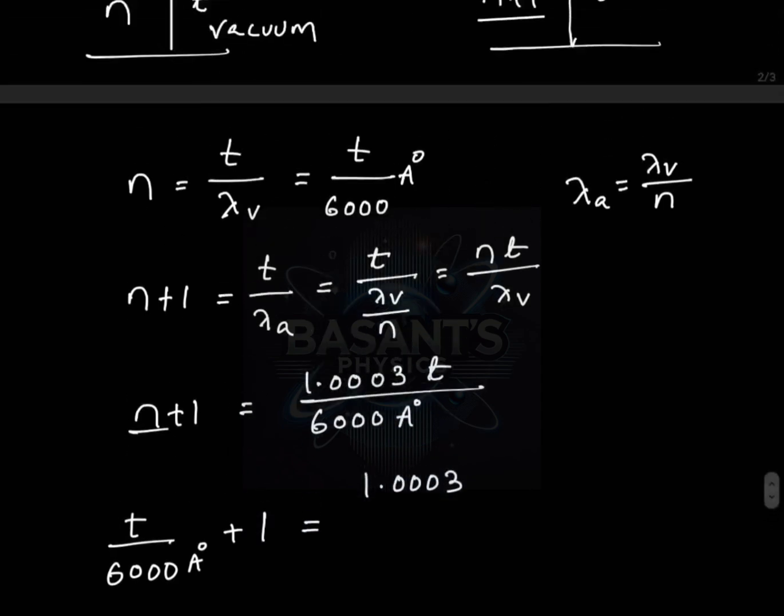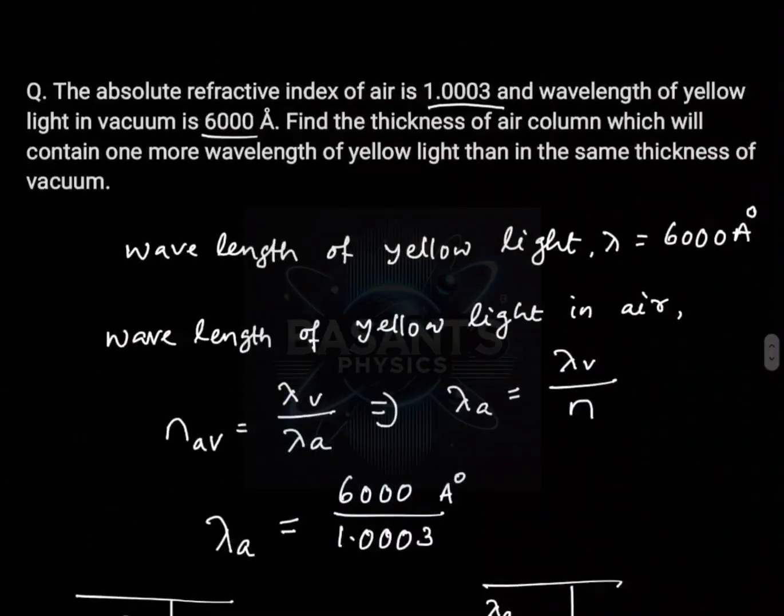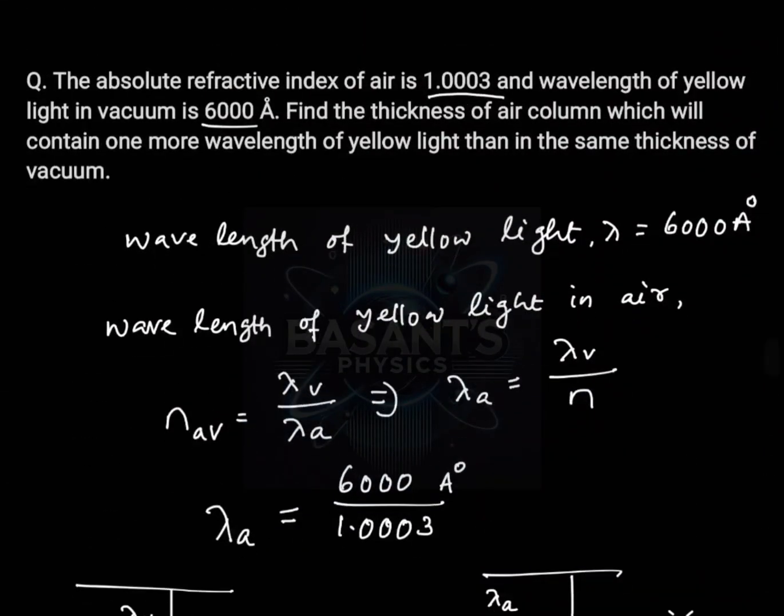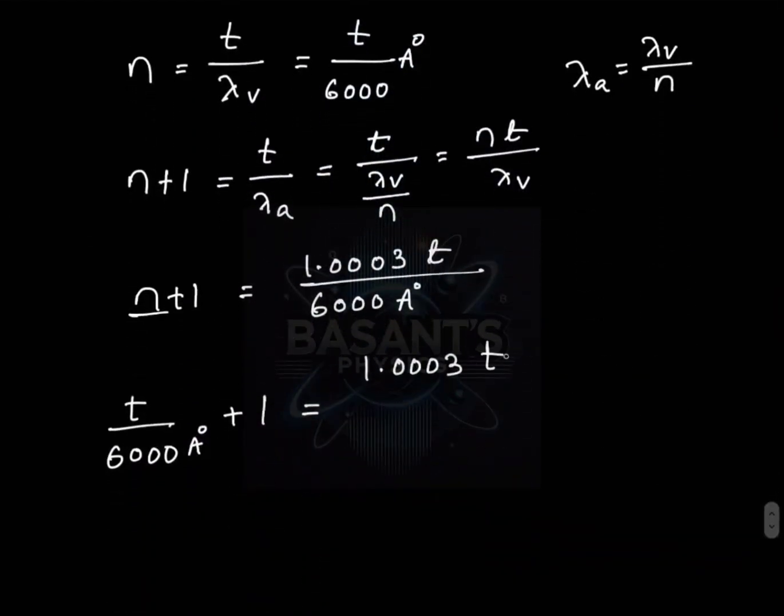Now you can write, you can see here in place of n I can write T upon 6000 angstrom plus 1 is equal to 1.0003, I think the value of refractive index is 1.0003, into T upon 6000. Sorry, this is now 6000 angstrom.